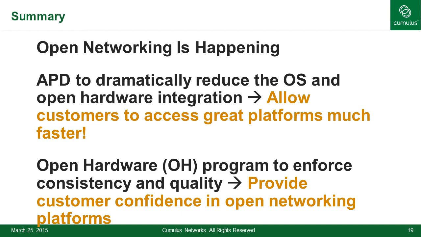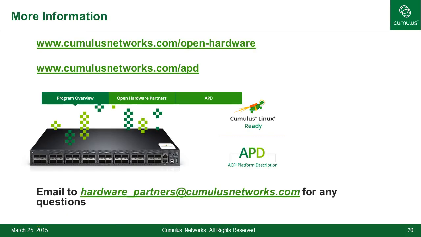Okay. So far, there's only been a handful, so let me ask you the first one. If I'm a hardware manufacturer, how do I join the Open Hardware program? Well, that's a good question. So let me get to the next slide. On the Cumulus Networks website, we have an Open Hardware page.